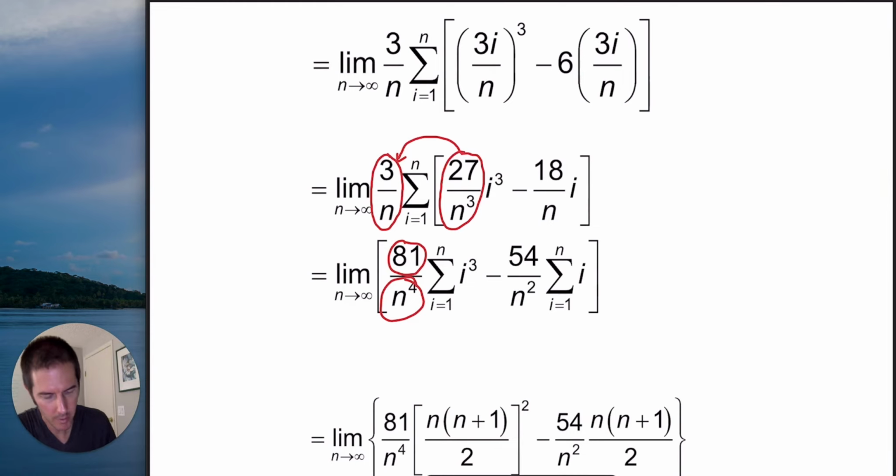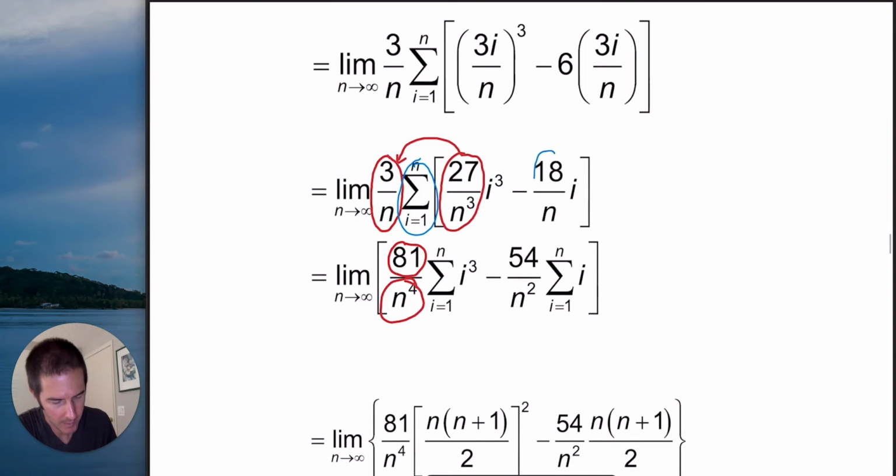This sigma that's right here is affiliated with this term. The sigma can also be distributed out to this term. And if it is, then this 18 over n, which is a constant value, can be factored out and multiplied by this 3 over n.